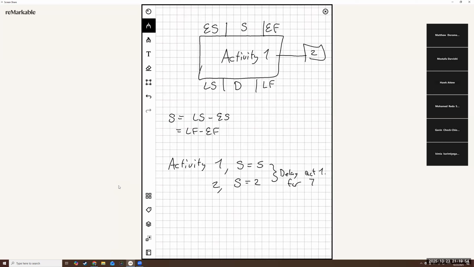So for the case of activity 1, the free float will be 5 days, and the interfering float will be 7 days. Right? 5 is the amount I can delay activity 1 without affecting any other activity. Does that make sense?